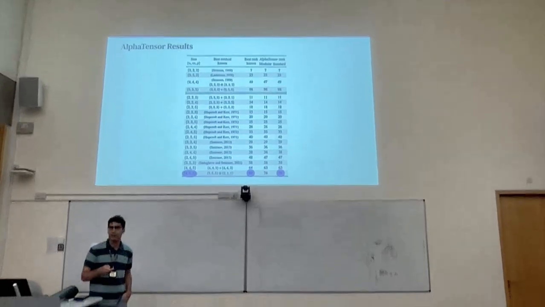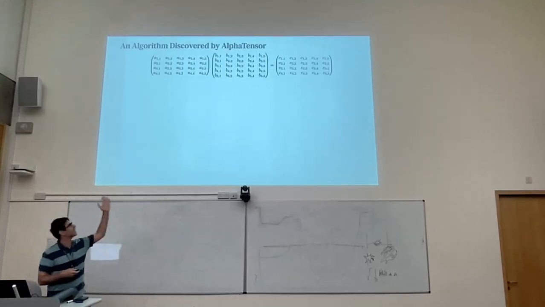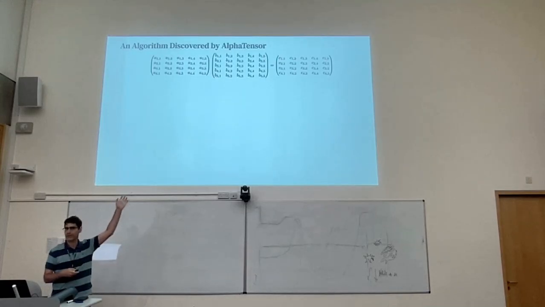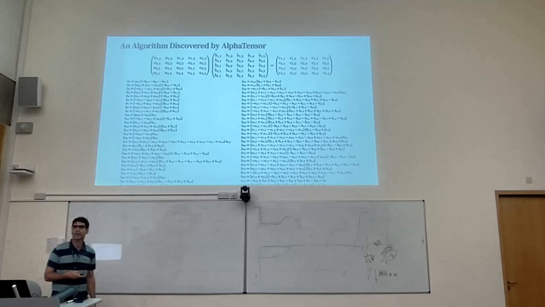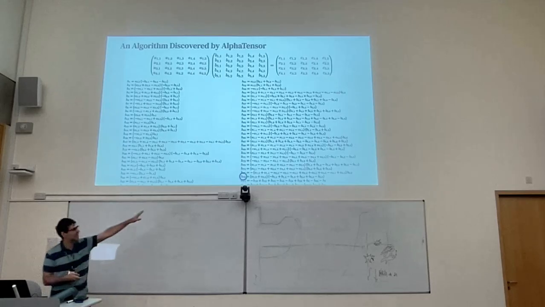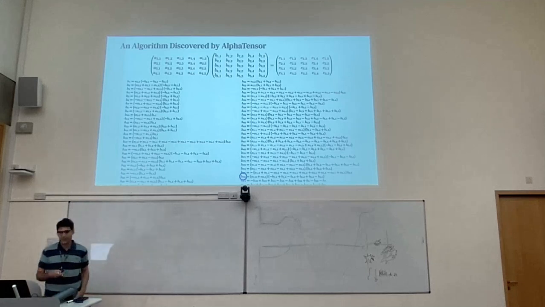So what do these algorithms look like? Remember I showed Strassen a few slides back. So how does this look in the case of this particular one, 4 by 5 times 5 by 5? Well, here's the full algorithm found by AlphaTensor. It doesn't fit on the slide, but I promise it has 76 multiplications. And just to show you how counterintuitive these algorithms are.